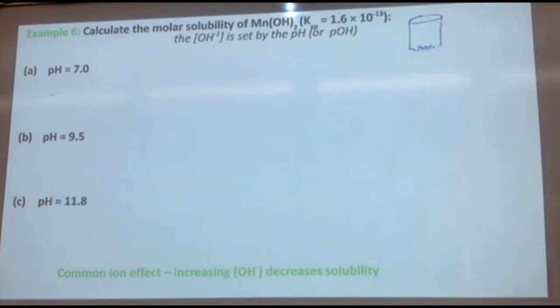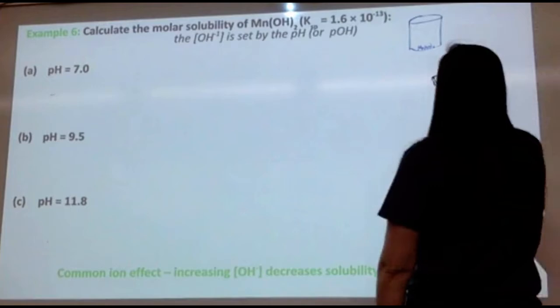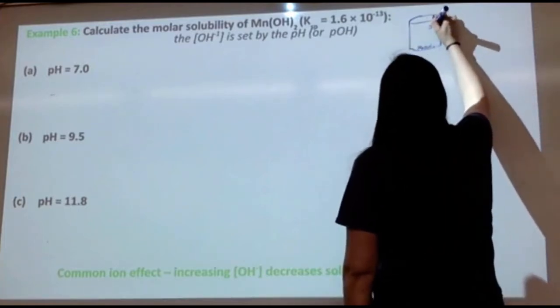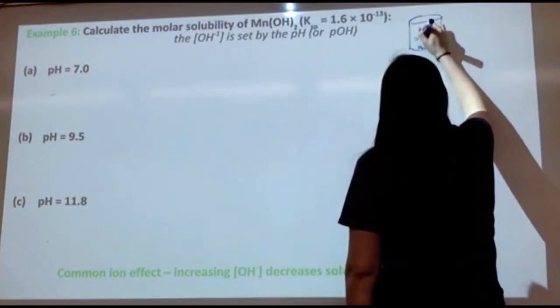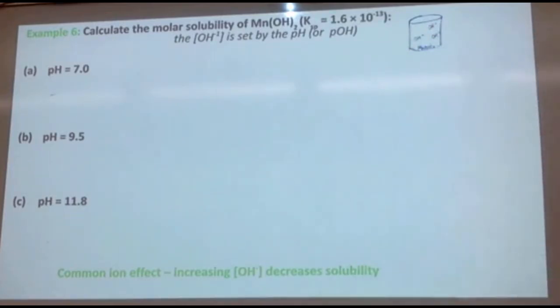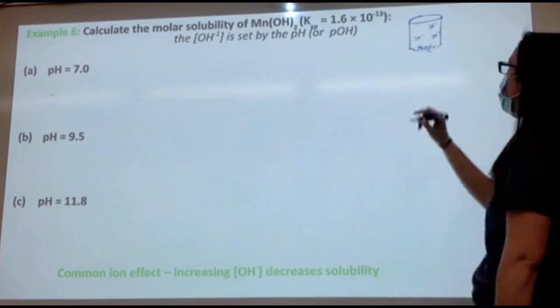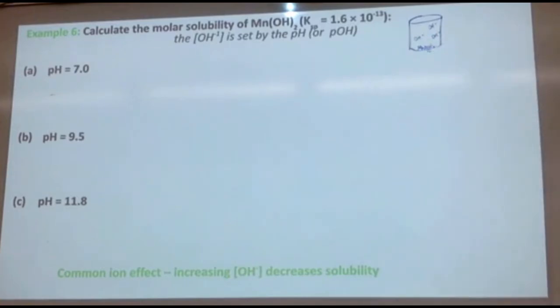If it just said pure water, then we just calculate it like we did in number 1 of the do now. Now they're giving us different pHs, which is telling us that we have a certain amount of OH minus in the beaker. And if you look at this, you say, well, why did you do OH minus and not H plus? Because I have OH minus right here. This is nothing more than a common ion problem.